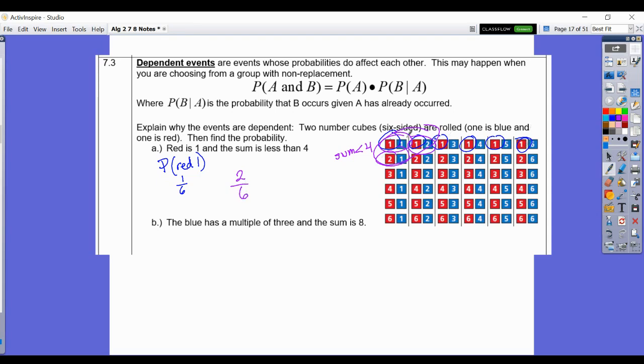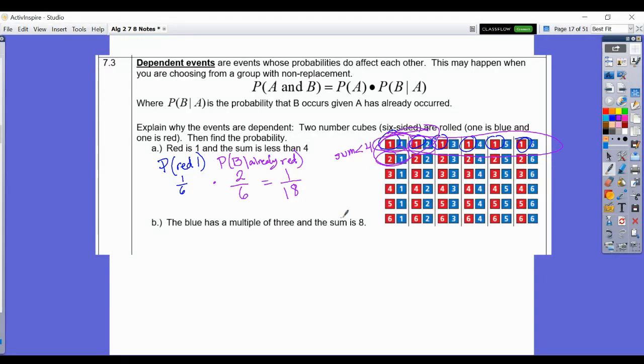We narrowed it down first to these 6 that we could have, and 2 of those are the ones that we want. So I'm just going to now multiply those 2 answers together. 1/6 times 2/6 is 2/36, which is 1/18. So this is the probability that this sum is less than 4, given that it's already red.